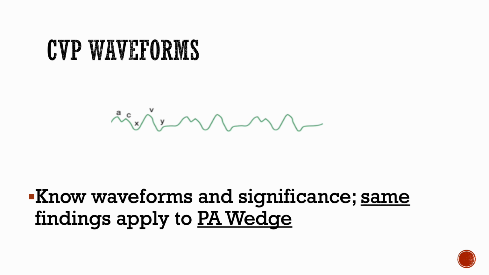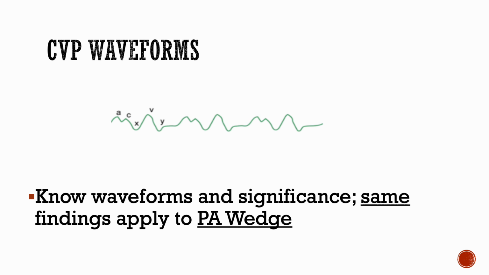And then as blood passively starts to empty out from the atrium, you start to see the pressure go down, and then you get this abrupt filling wave that happens when blood rushes in. It creates a little bit of back pressure, giving rise to the V wave.